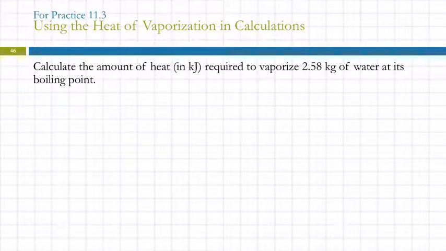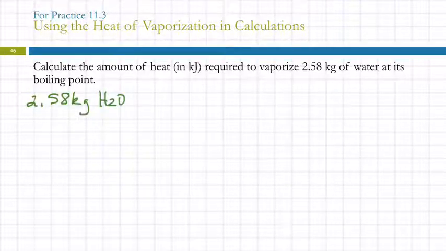So let's calculate the amount of heat in kilojoules required to vaporize 2.58 kilograms of water at its boiling point. So this ends up being a unit analysis, dimensional analysis problem. We have 2.58 kilograms of water, and we're asked to calculate how much heat in kilojoules.